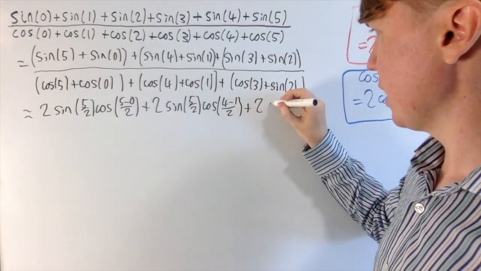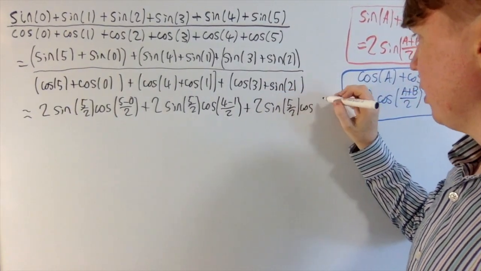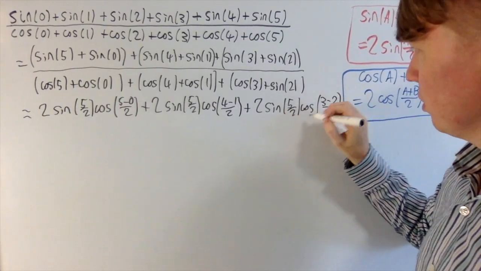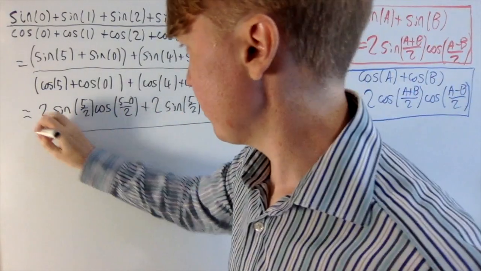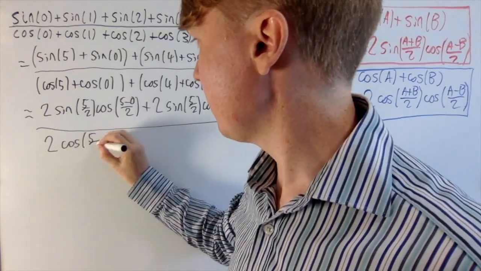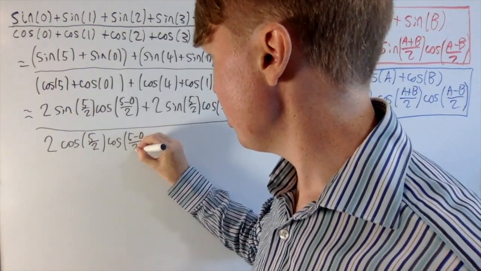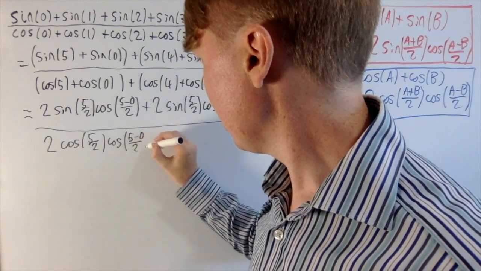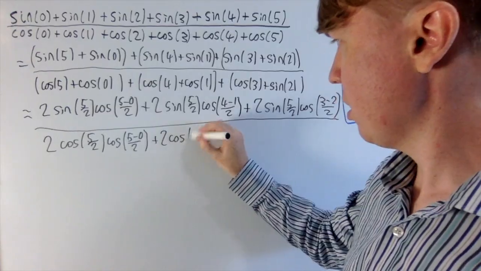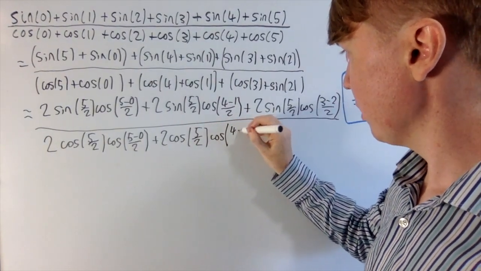And then also we get 2 sine 5 over 2, cos 3 minus 2 over 2. And we'll get a similar expression in the denominator. Now we get 2 cos 5 over 2, cos 5 minus 0 over 2. You see there's some of the same structure here, plus 2 cos 5 over 2, cos 4 minus 1 over 2.